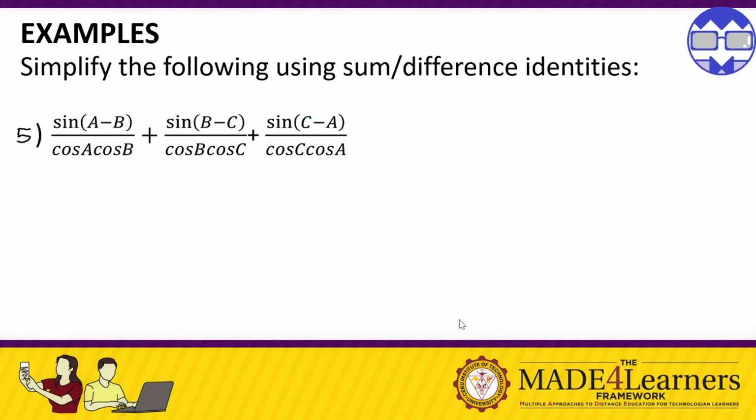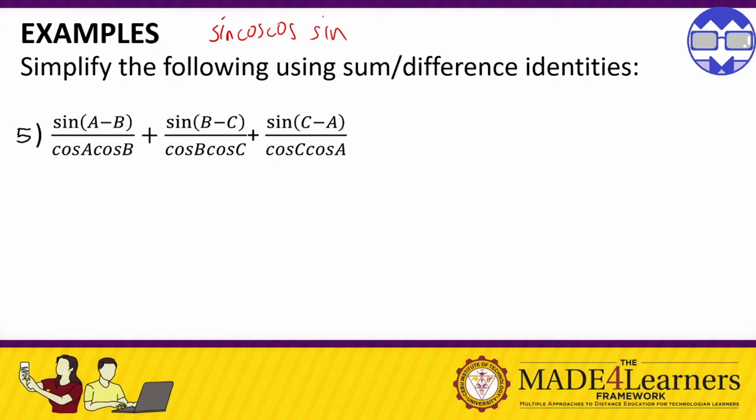Let's have example number 5. For example number 5, we have 3 terms here that contain the sum and difference. So we have sine over cos cos.